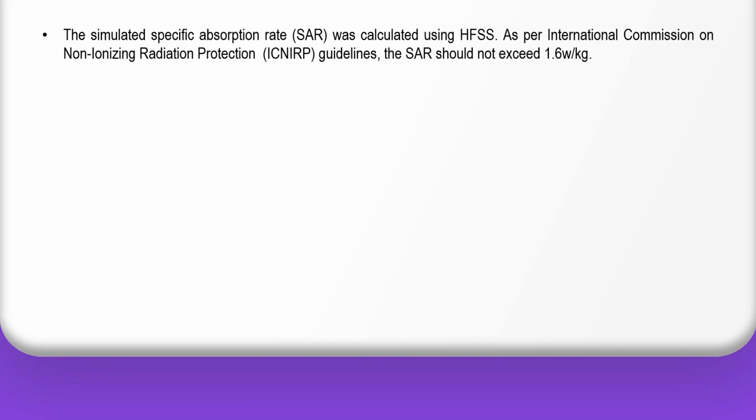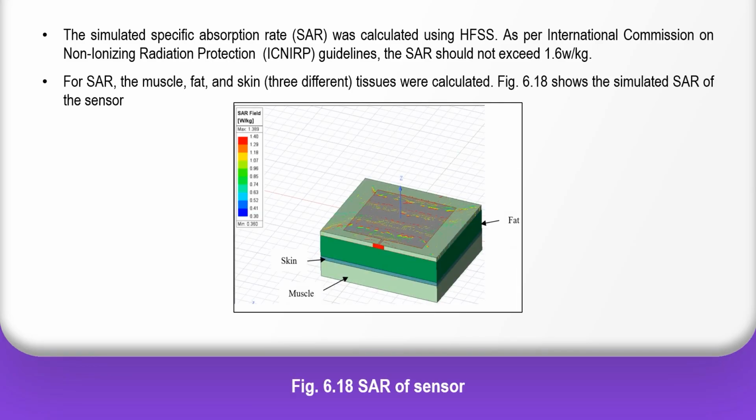The next important thing is to calculate the specific absorption rate. Again, this is calculated using the HFSS software. Actually, there is a standard protocol, like in our country, the value of SAR should be less than 2 for safe human use. In this particular case, as per the International Commission on Non-Ionizing Radiation Protection guideline, this SAR value should not exceed 1.6 watt per kg.